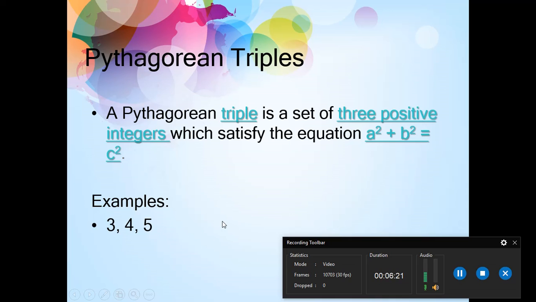So if they show you a right triangle and you know that the legs are 3 and 4, hopefully you'll remember that the hypotenuse is automatically 5. And you could just write triple instead of showing me the work. Another very popular triple is 5, 12, 13. 13 is your hypotenuse. And just another is 8, 15, 17. There are 41 naturally occurring triples. I'm not going to list them all, but if you have the ability to recognize these, you could save yourself a little bit of work.